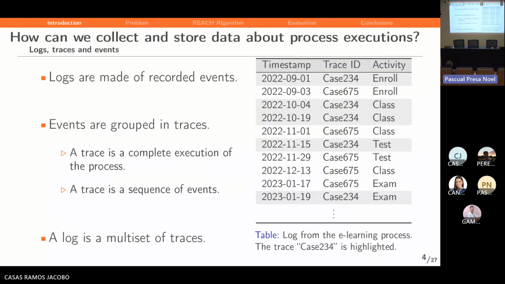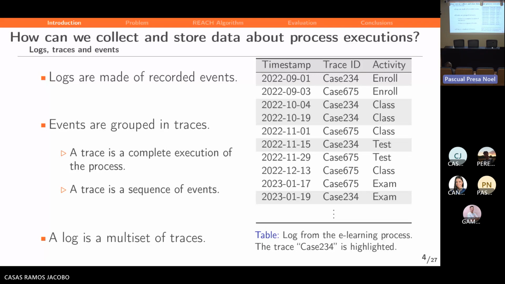So now I will explain what are event logs. The event logs are just a list of events, like the one that we see on the table on the right. Each row of the table is an event, and it must have a timestamp, the activity that was performed, and a trace ID.